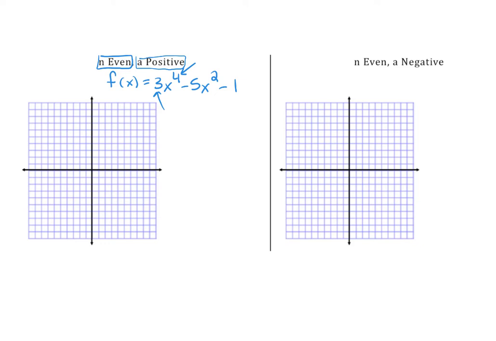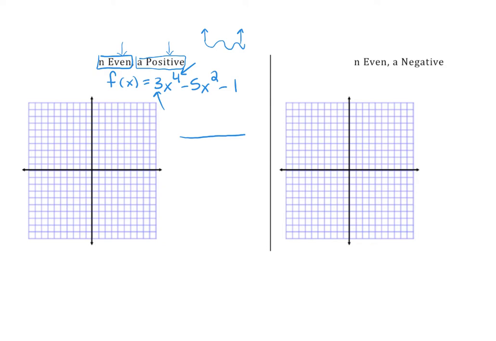What I'm going to do is just draw a horizontal line to kind of mimic the x-axis. If I have even exponent, positive coefficient, I know the end behavior is going to be like this. And then in between, I could have all kinds of stuff going on. But I know the end behavior.